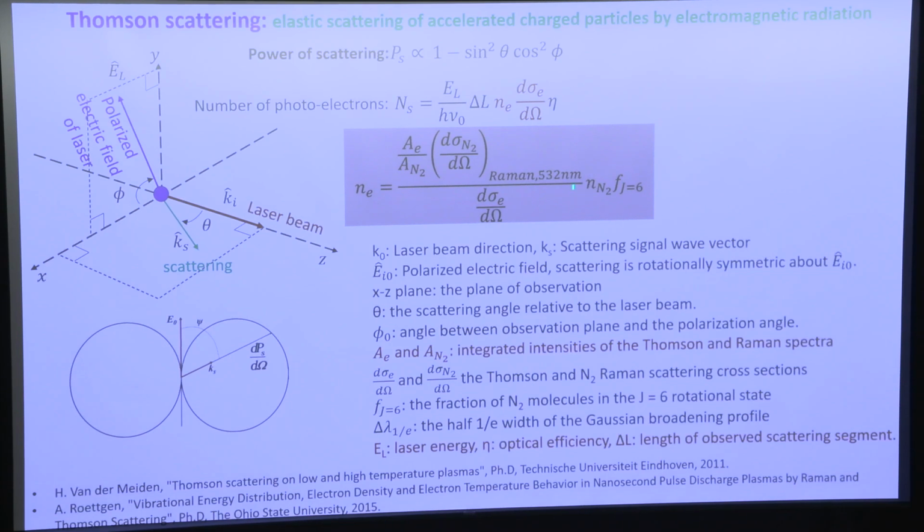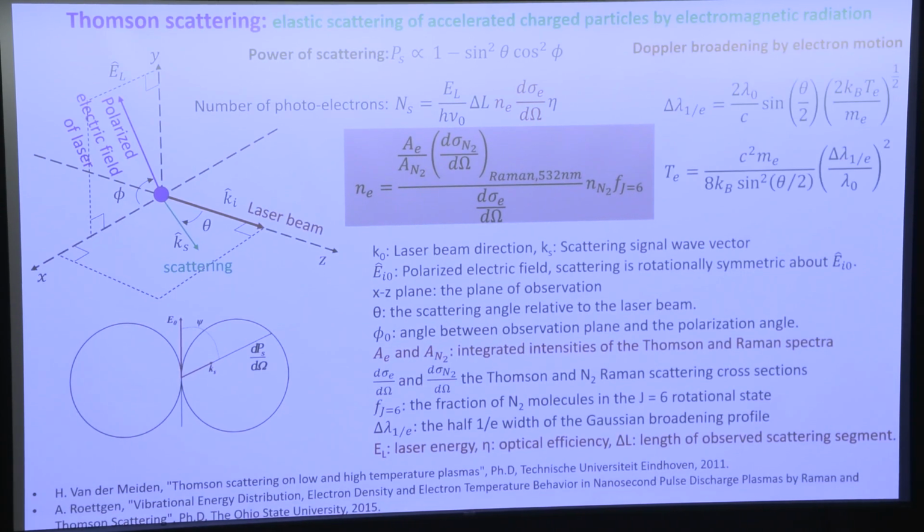And you know the number density of nitrogen, with the fraction of nitrogen molecules in excited state, J equals 6 or 7. So everything here is measured, and everything here you know, so you can calculate the electron number density.